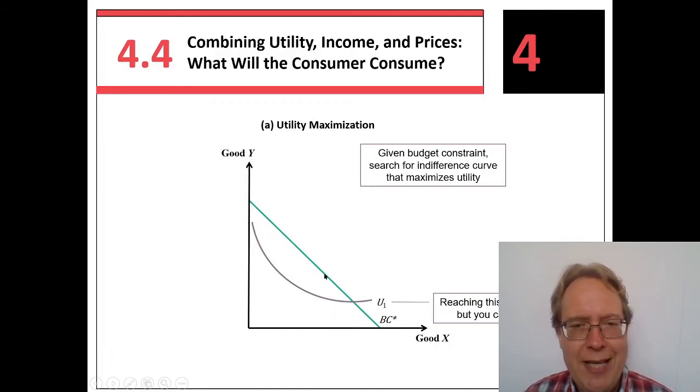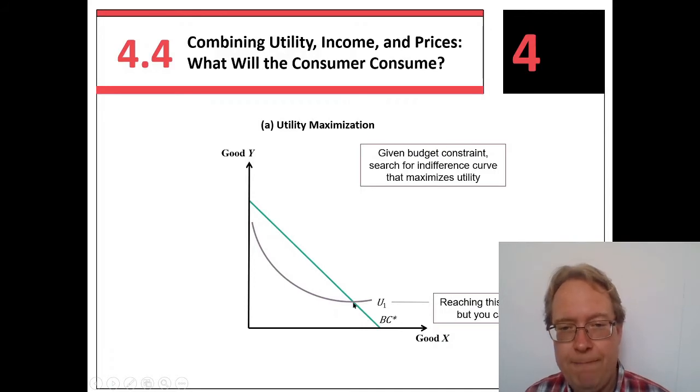If I move over here, then I can still afford that bundle, but my utility level is necessarily higher, because here I have more of good X and more of good Y than I have down here. So this gives me higher utility than this point here, so this cannot be my optimal consumption.